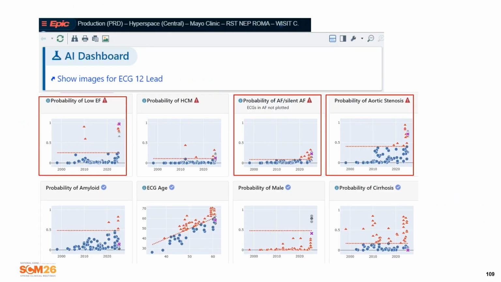We also have an AI EKG dashboard. As we know, our patients have a lot of comorbidities, including cardiovascular. That's why we have the CKM work group, cardio, kidney, metabolic. And you can see that with the EKG now, the EKG identifies the risk of low ejection fraction or silent atrial fibrillation.